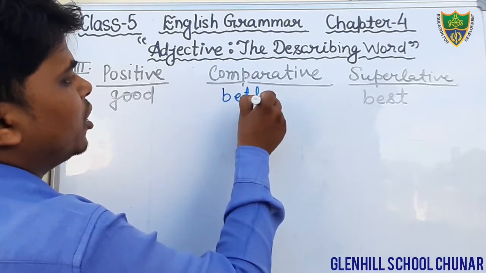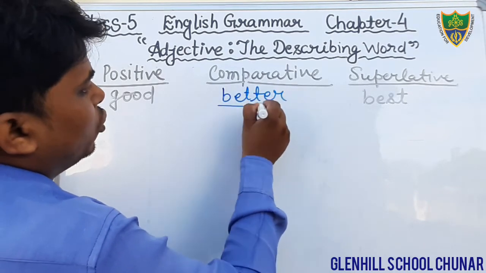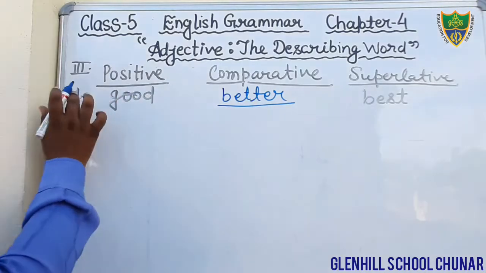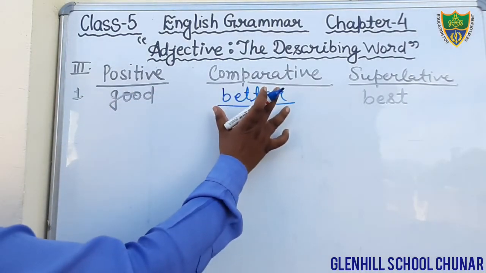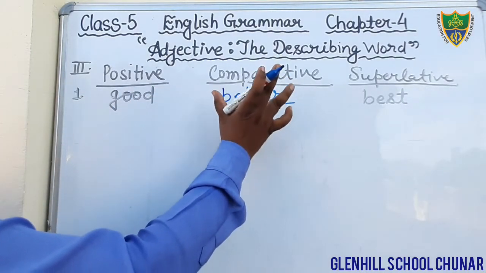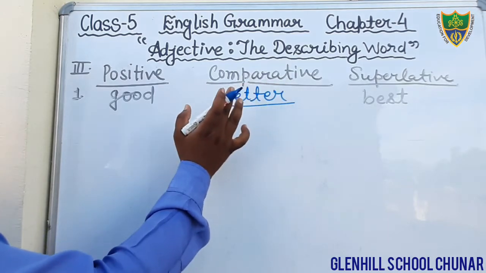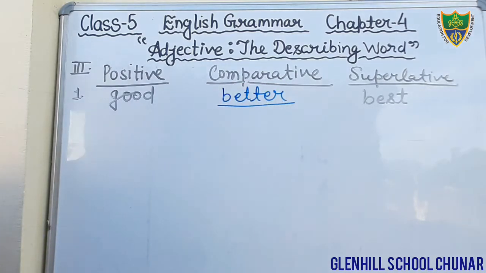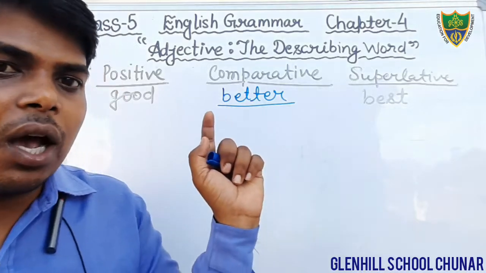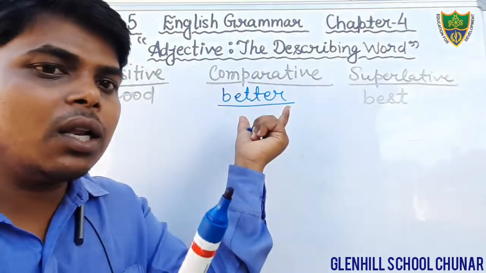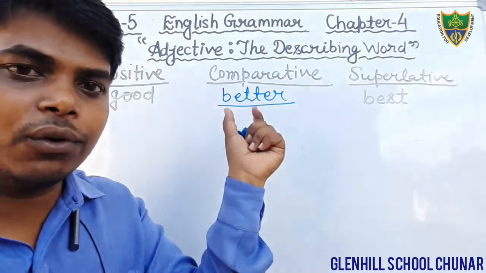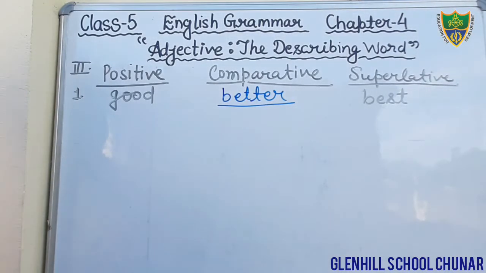What would be the comparative form? Better. So in question number 1, in the column of comparative degree, we will fill the word better. The word which I am writing with the blue marker, you have to fill in your book. Okay, come to question number 2.